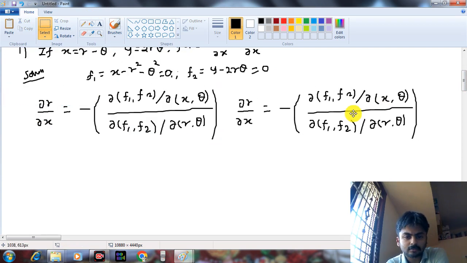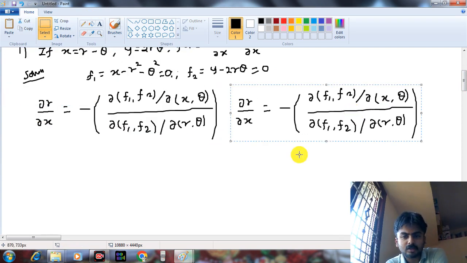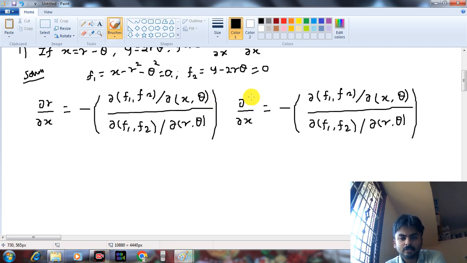So in this formula we want to find ∂theta by ∂x. So ∂theta by ∂x means the partial derivative by means of Jacobians, where I am differentiating theta.